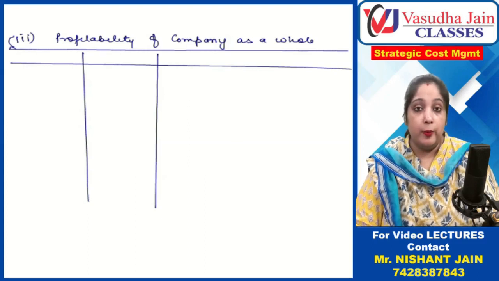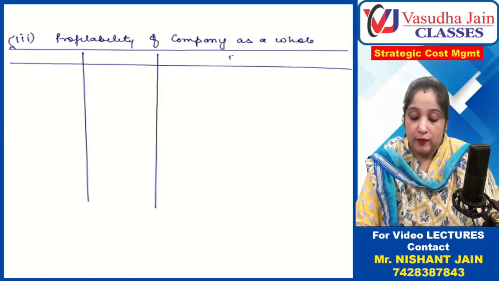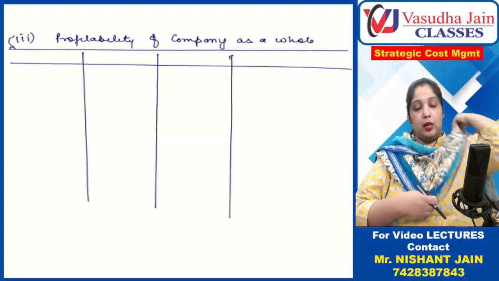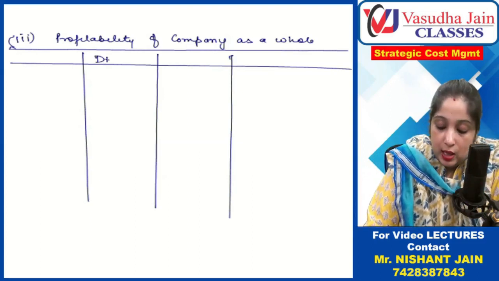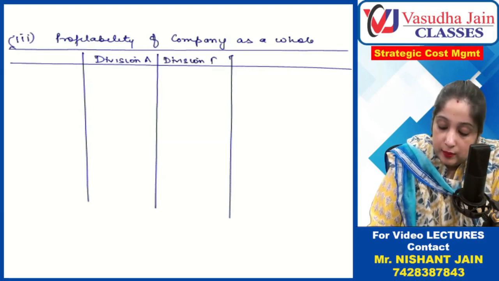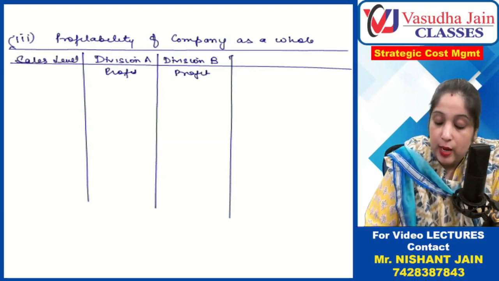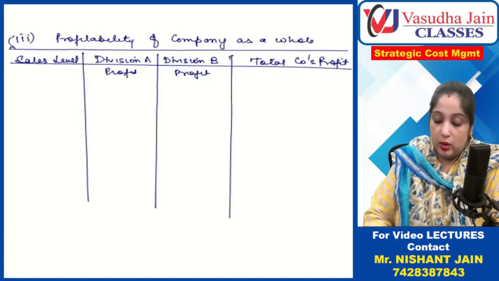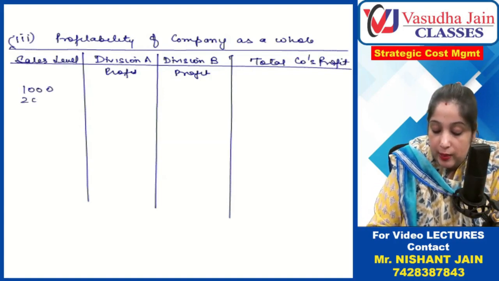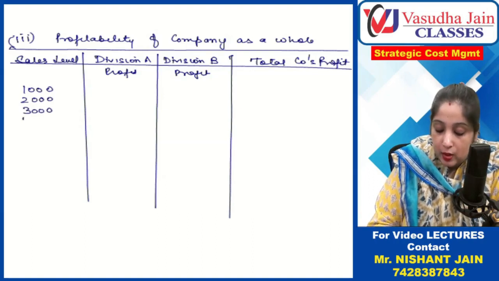Then I am going to write the division A's profit, division B's profit and total profit at different sales levels. And then we are going to add this up and find out the total company's profit. Correct? So let us write out the sales levels: 1,000, 2,000, 3,000, 4,000, 5,000 and 6,000.